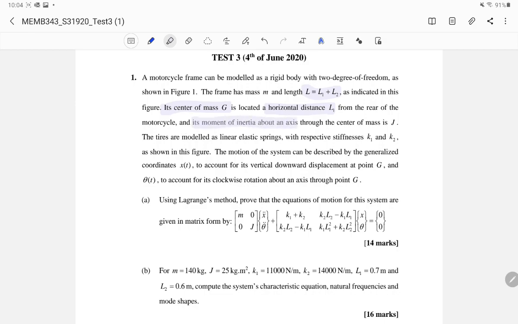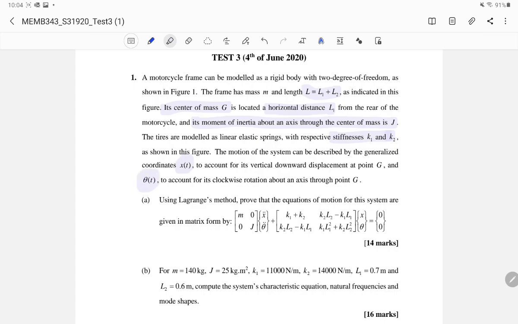The moment of inertia about the axis is J. You have these two stiffnesses. The motion of the system can be described by the generalized coordinates x(t) and theta(t).